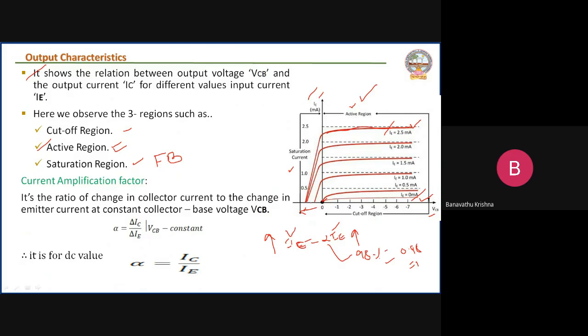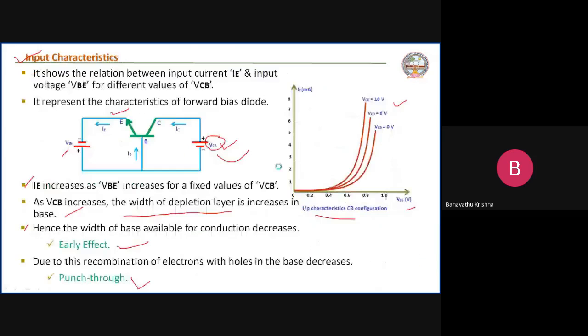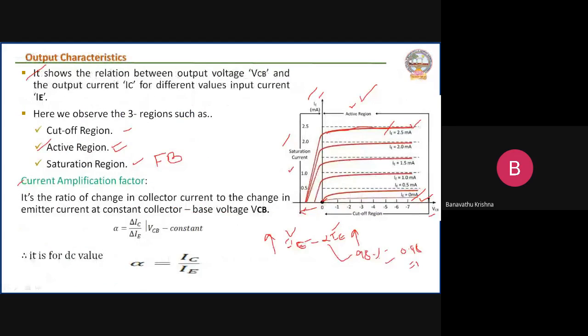The collector base junction goes into forward bias by decreasing VCB, so the VCB value goes in the negative direction. The graph is drawn on the negative side here. Now the graph on the negative side is the saturation region. So this is the output characteristics of the common base configuration.